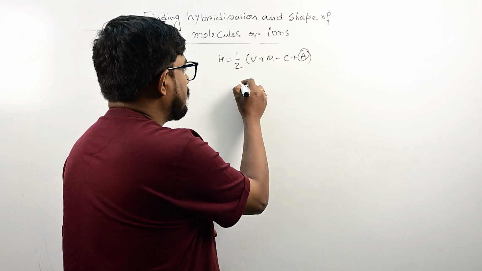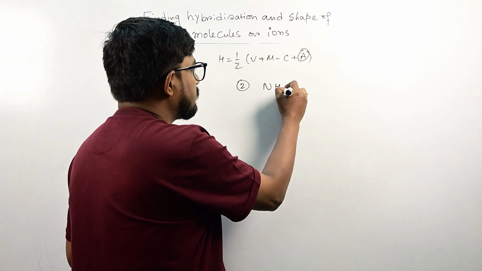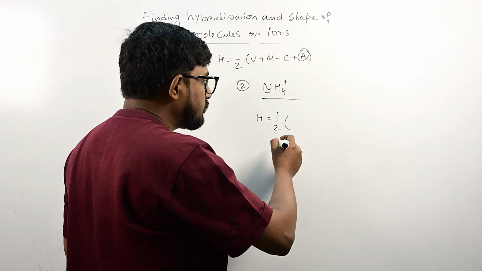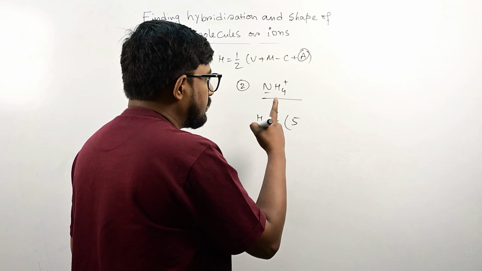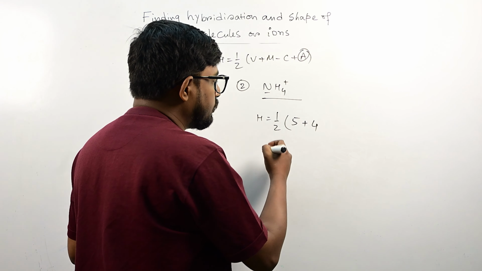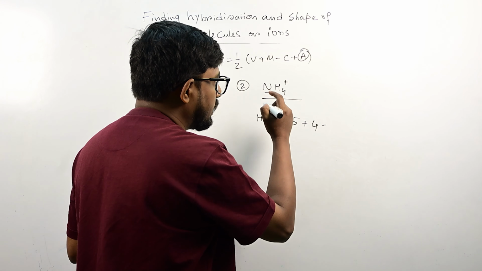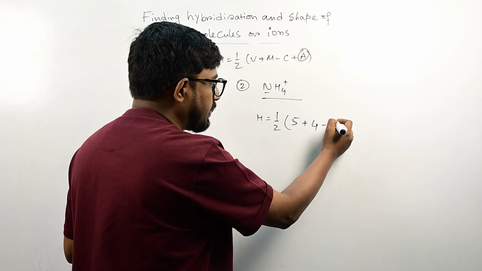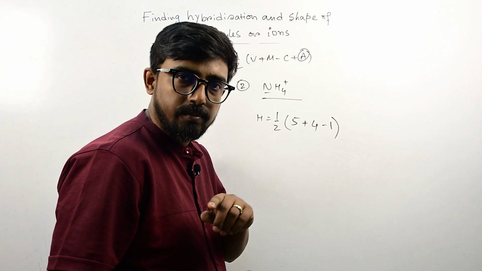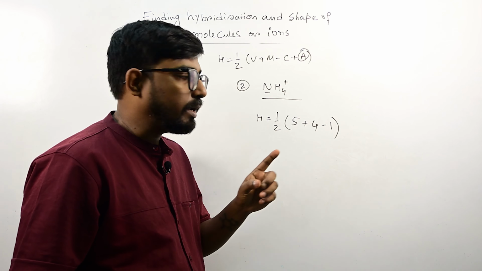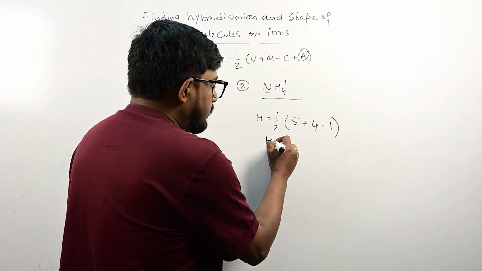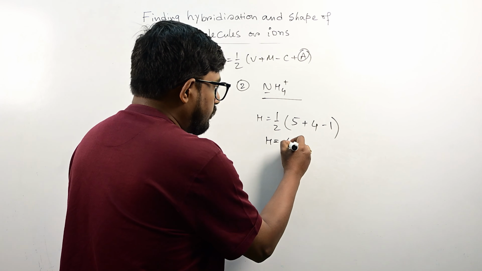Next, number 2, NH4 plus, H equals half. The valence electron in nitrogen is 5. The number of monovalent atoms is 4, and there is a plus charge, +1. So for a cation we subtract that charge, so the value will be 4. So it is sp3.